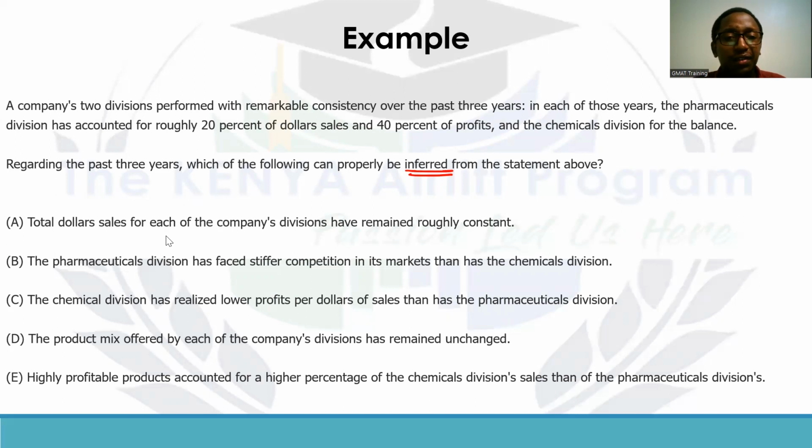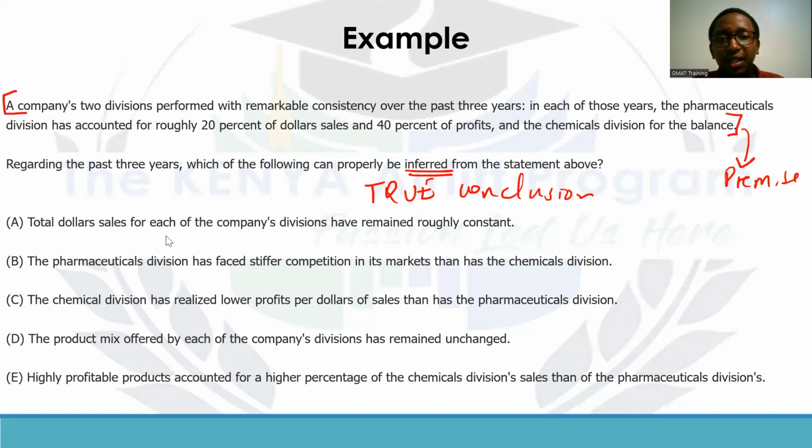So why do they not have a conclusion? Because you are required to come up with a true conclusion based on this premise. So that means automatically this is our truth. So you're using the information there as your premise to come up with a true conclusion.